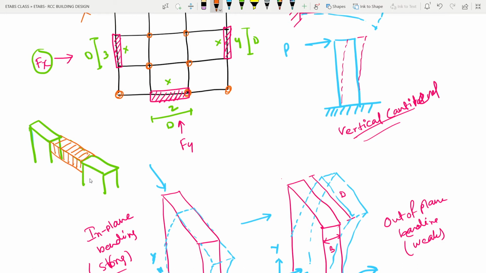which is strong enough to transfer or transmit the forces and to make these two shear walls a combined, single structural system. Obviously we will be having openings also, though it is a deep beam with higher depth.